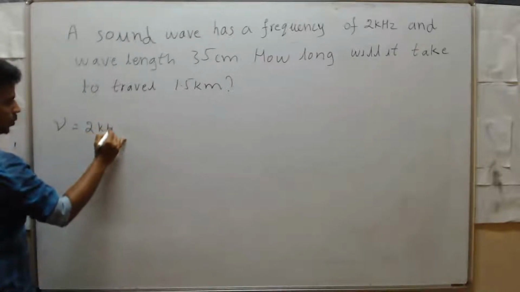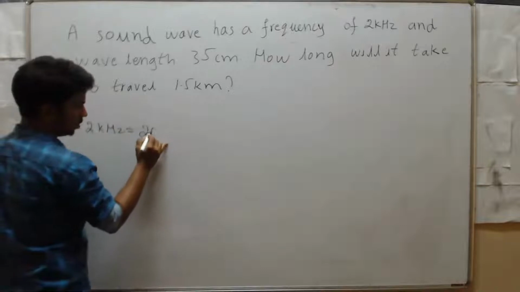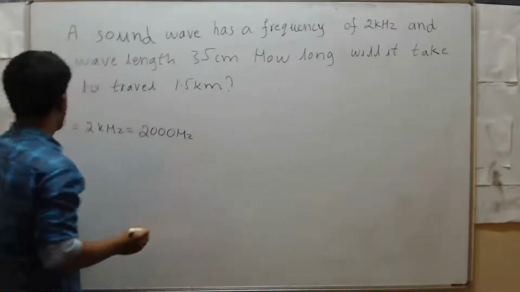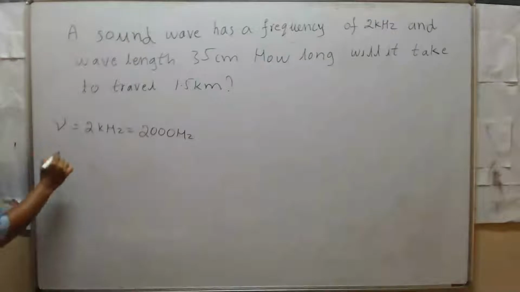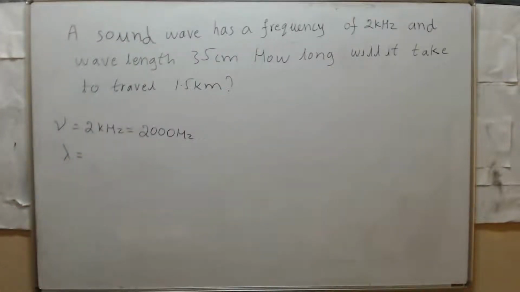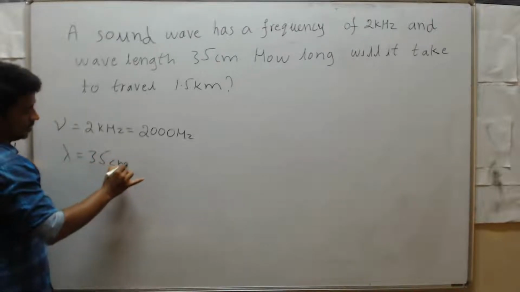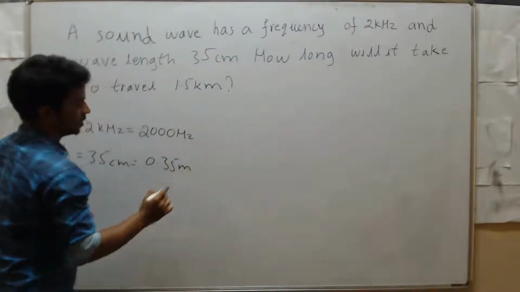Next, the wavelength is 35 centimeter, converted into meter, that is 0.35 meter.